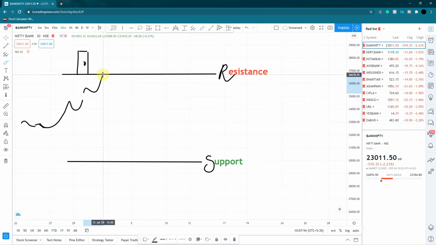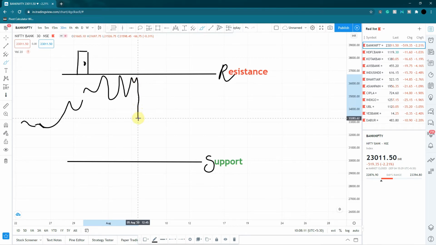Do you think it's going to knock the door off in the first trial, in the first punch? Of course not. It might come down, try to go up again, try to kick it, punch it, kick it, punch it, and then maybe go a little further so that it can get more power to push it through. Maybe just kick it a bit more and then probably cross it.